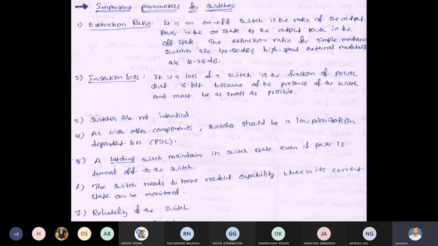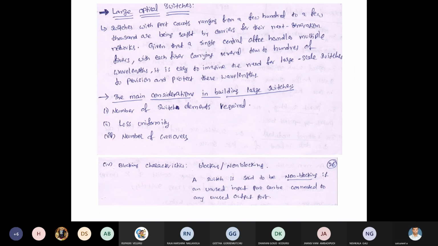Next, we have to calculate the reliability of a switch. These are some of the important parameters of a switch: extinction ratio, insertion loss, whether it is identical or not, low polarization dependent loss, latching condition, readout capability and reliability.